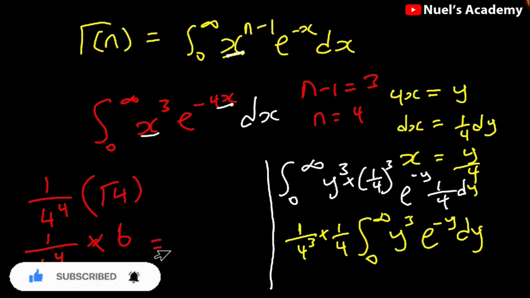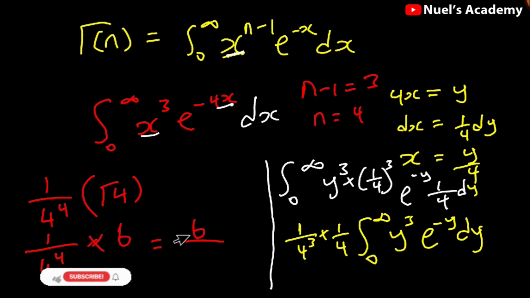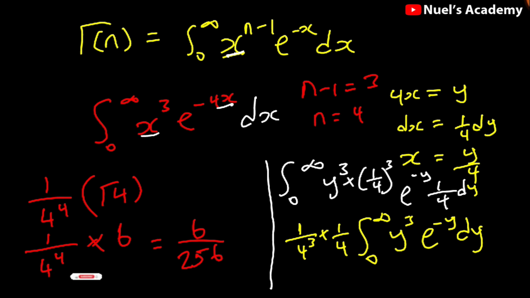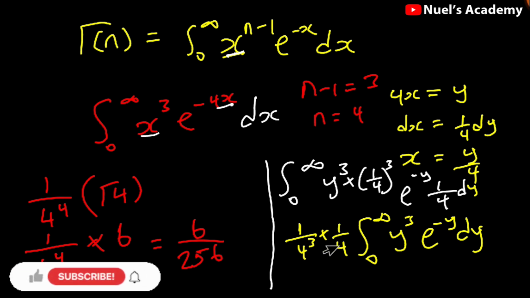So this now becomes 6 divided by 4 raised to the power 4, which is 256. And then if you simplify 6 divided by 256, you are going to get 3 over 128. So this becomes 3 over 128.